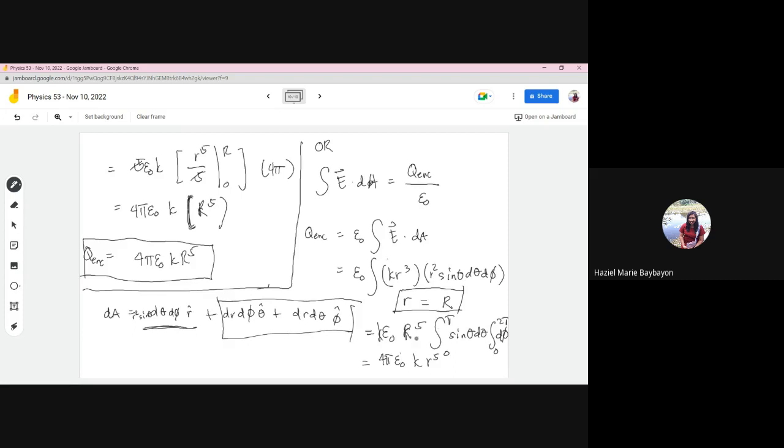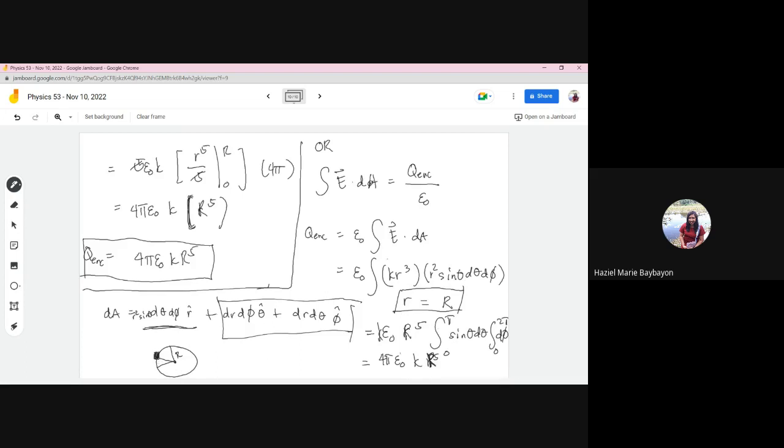This is big R, since we are integrating on the surface. We are integrating on the surface. So for a sphere of radius R, on the surface, wherever you take an infinitesimal area, its radius is R. So the radius is constant for this.